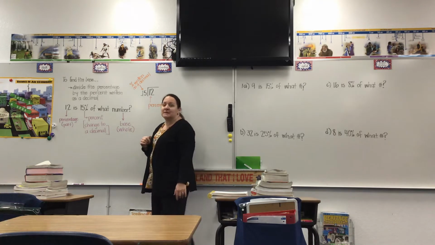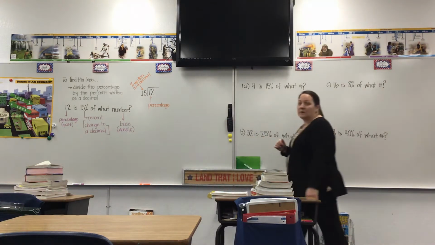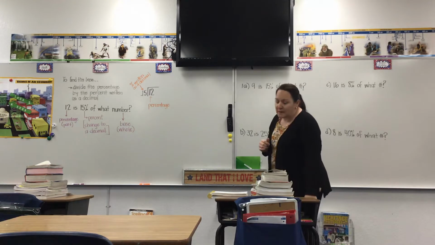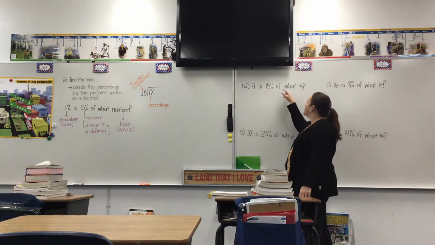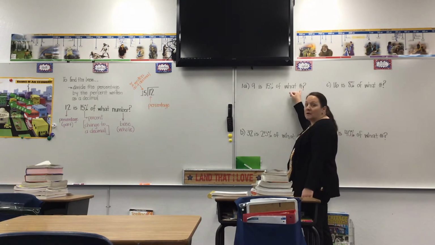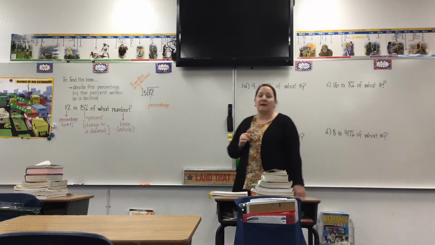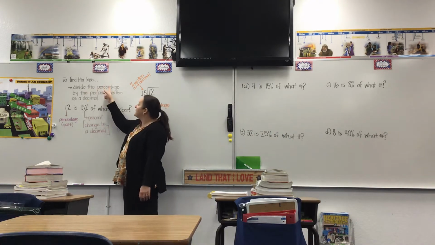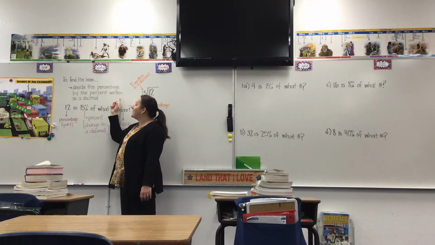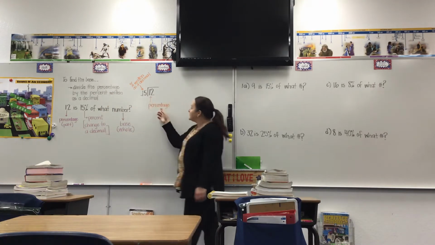So anytime you see a question like this one we're going to be doing on our page today, which is page 203, by the way, 9 is 15% of what number? So what number means you're finding base. And to find base, you divide the percentage by the percent written as a decimal. So let's look here.